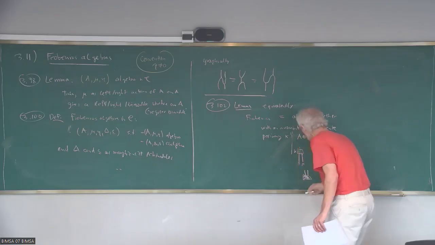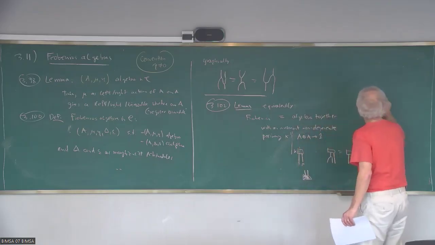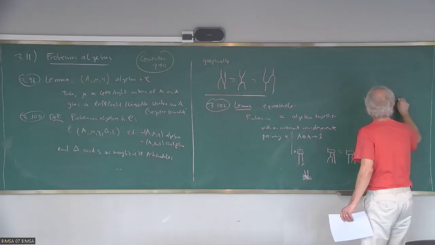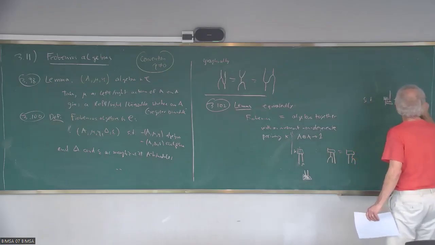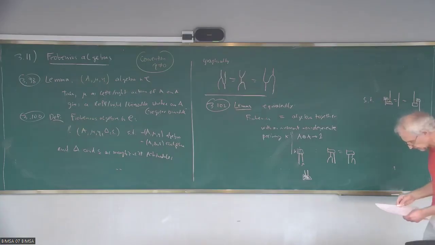And non-degenerate means that there exists a kind of inverse, a morphism from 1 to A tensor A, such that this is the identity and this is the identity. And how do you prove this?